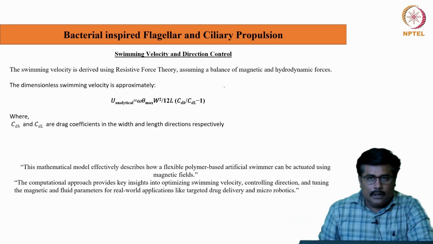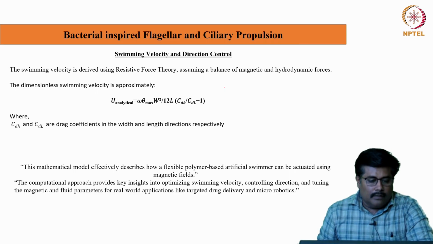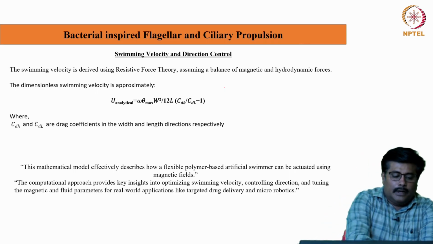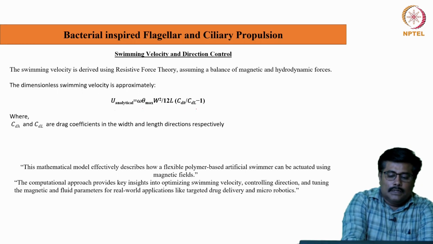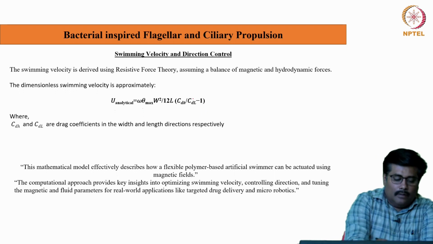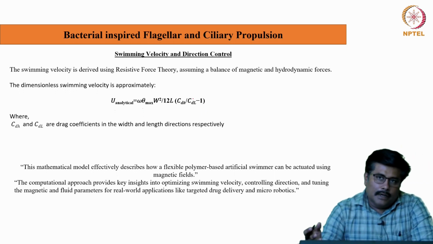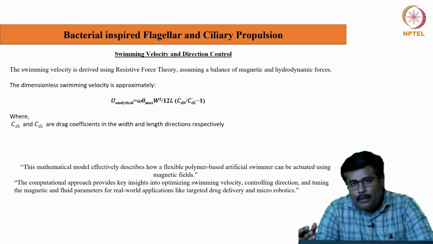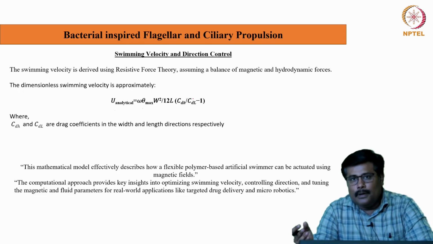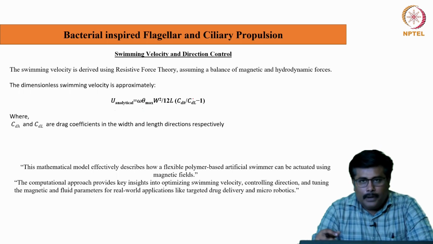The dimensionless swimming velocity is approximated as U analytical equals omega theta max W squared by 2L CDH CDL minus 1, where, since we are considering the swimming velocity, the properties of the overall fluidic domain need to be appropriately incorporated.